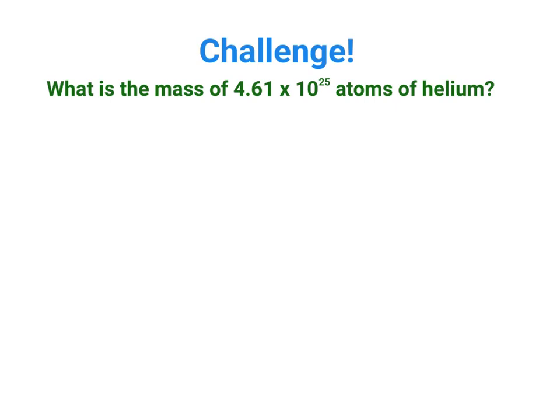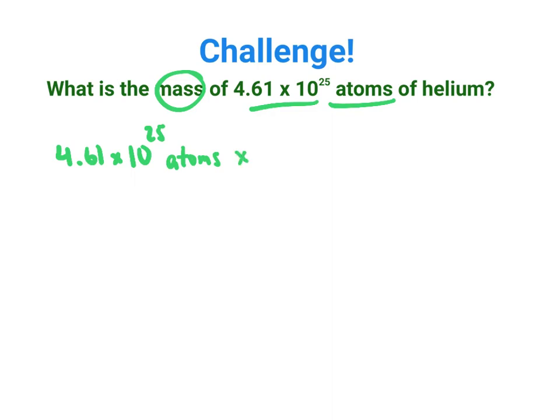But in general, this is a two-step problem. In this case, I'm starting with atoms of helium. It's the only thing I've been given. So I'm going to start with 4.61 times 10 to the 25th atoms of helium. I know the relationship between mass and moles, but this time I have atoms. So the trick is I've got to get to moles first. And when I do that, I know that if I'm going to get rid of atoms of helium, I want to go to moles of helium. And I can do this because I know that 1 mole of anything is 6.022 times 10 to the 23 of that thing.